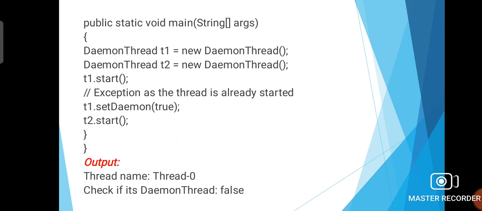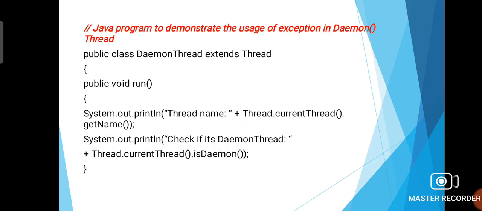The thread name will be printed, and after that, when the second thread T2 is executed, inside the run method, when it is checking for the isDaemon condition, it will produce the false result since T2 is user thread. T2 is not daemon thread.